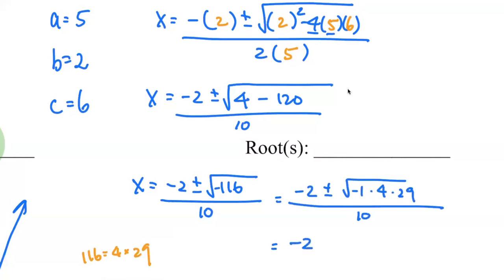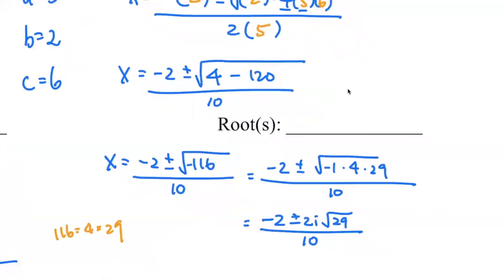So square root of negative 1 is i. Square root of 4 is 2. And square root of 29 is just square root of 29. So now we can simplify a little bit. So you've got negative 1 plus or minus i root 29 over 5.